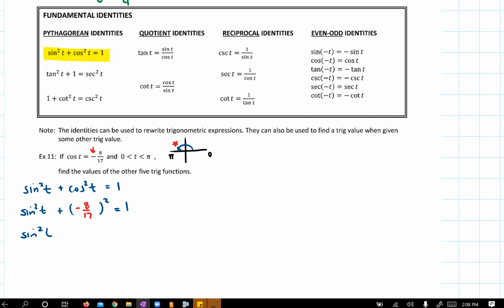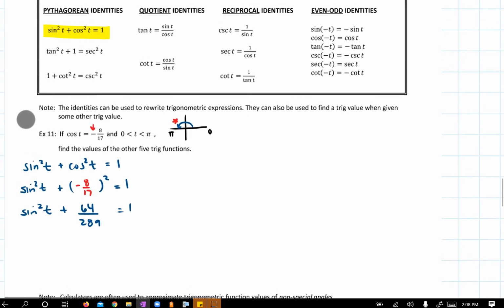We have sine squared t plus, if we square a negative, we'll get a positive, 8 squared is 64. 17 squared, you may need to get that calculator out, as I do. I'm getting 289. And that's equal to 1. So now we have everything in terms of one trig function. So we treat it like a nice mini quadratic equation in a sense.